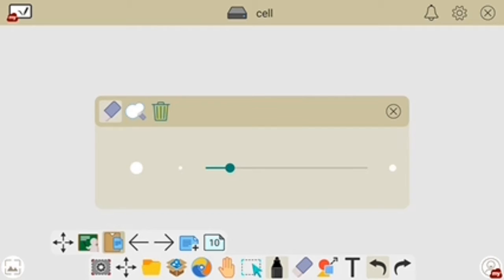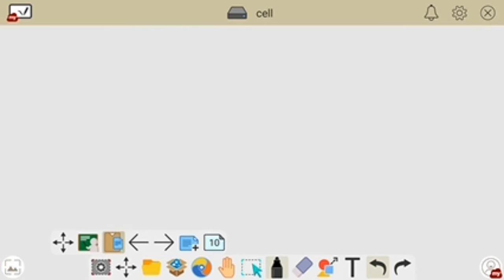A unicellular organism is self-dependent, which means it can perform all life functions without help from other cells.